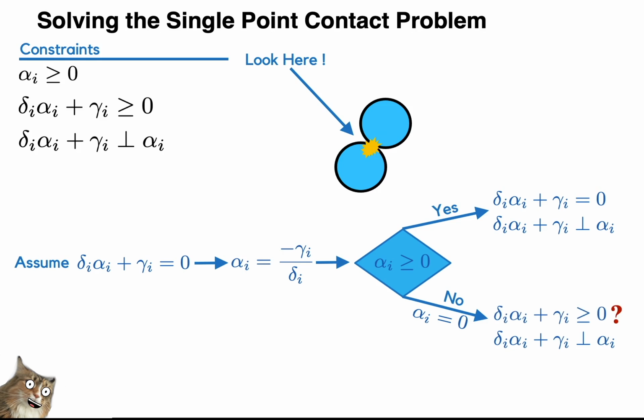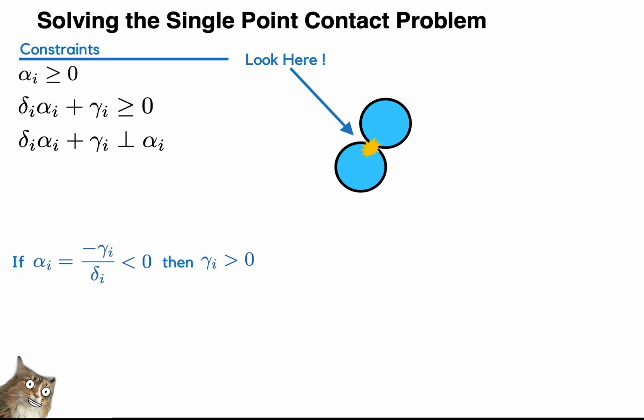However, we have no idea if our interpenetration constraint is also satisfied. So the final piece of the puzzle we need is to sort out if this is true or not. What's really amazing about this whole thing is that it turns out to be trivially true in this case. Let's say we solve for alpha sub I and it's negative. That means that gamma sub I has to be greater than 0, which we can see from our inequality equation.